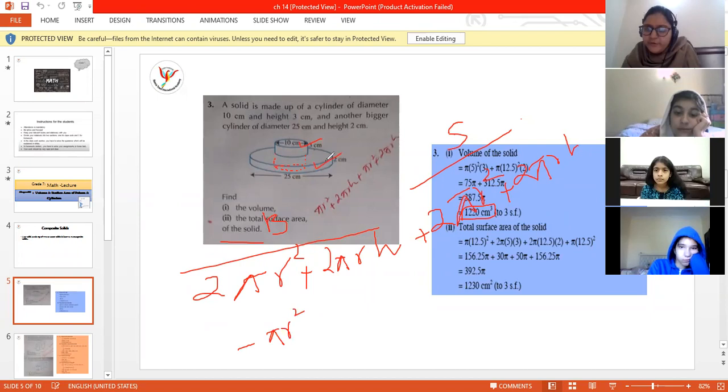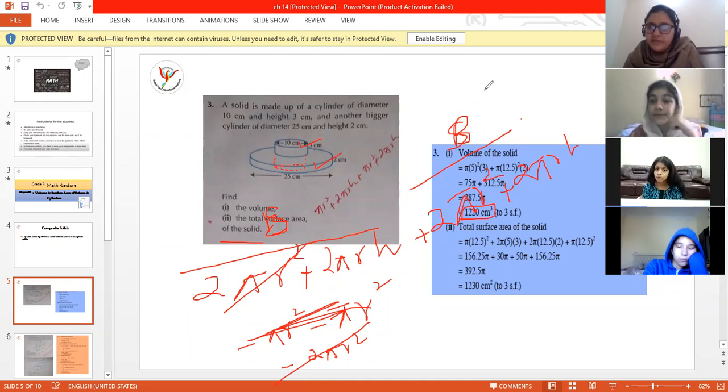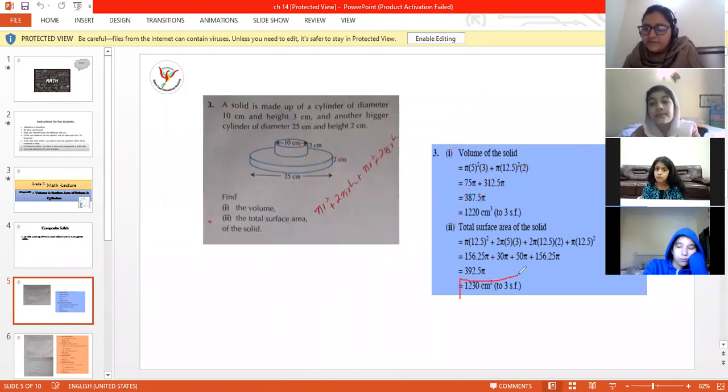One time we have to remove it from the bigger cylinder, and one time we have to remove it from the smaller cylinder. What will it become? Minus 2 pi r square. This minus 2 pi r square and this plus 2 pi r square will be cancelled. The remaining is 2 pi rh plus 2 pi r square plus 2 pi rh. This is the small one, this is the bigger one. I just cut it with the smaller one, right? So by using these formulas, you will calculate the surface area of the solid, which will become 1230.